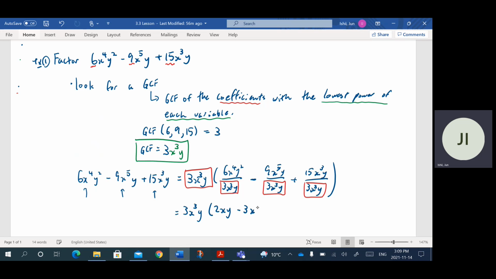Here I got x squared. And the y's cancel. And then lastly here, I got 15 divided by 3, which is 5. The x cubes cancel. The y's cancel as well. All right, so we're left with that. So this is what's left when you divide through by the greatest common factor.